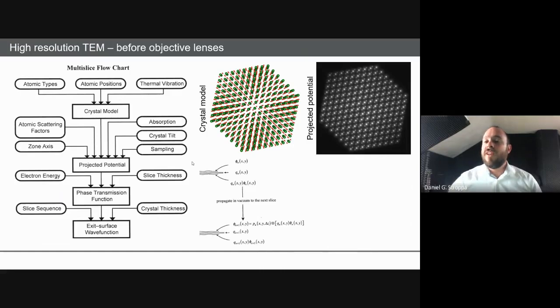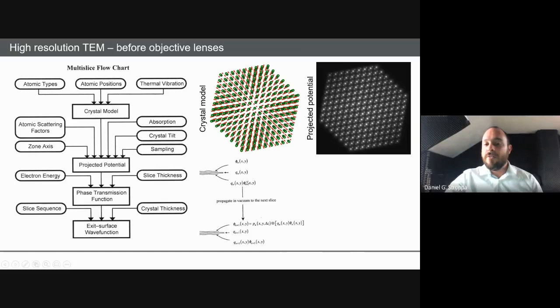So basically, we're going to calculate what the electron wave looks like after you go through the first slice, and then you propagate until the next slice. So basically, this is a way to consider your sample, to think of your sample as a succession of 2D slices instead of a 3D. And this is just an artifact that you use to calculate it in an easier way.